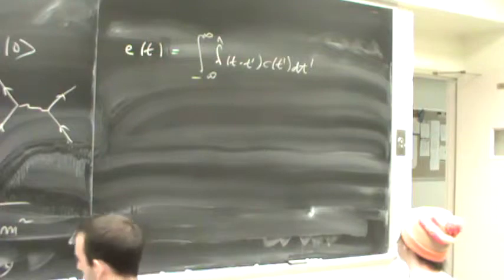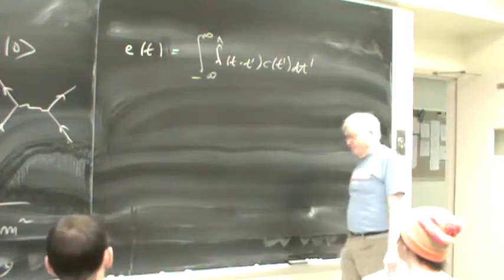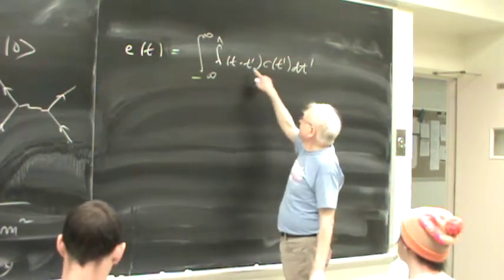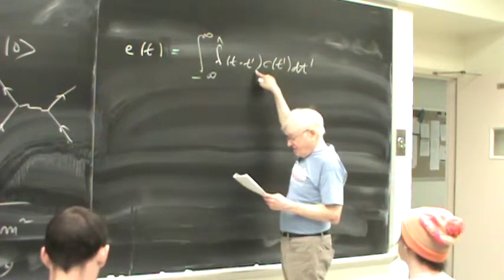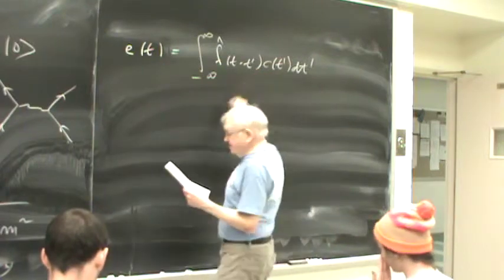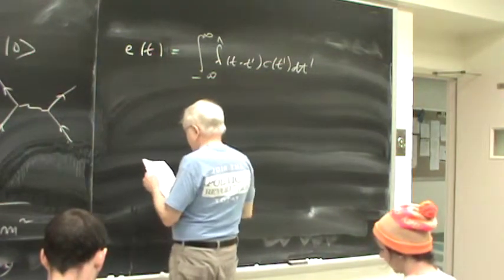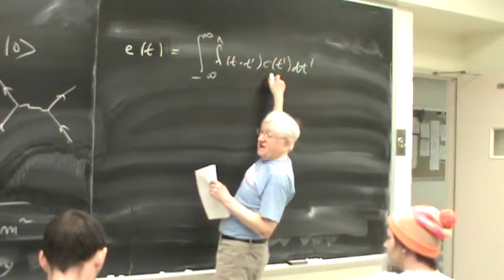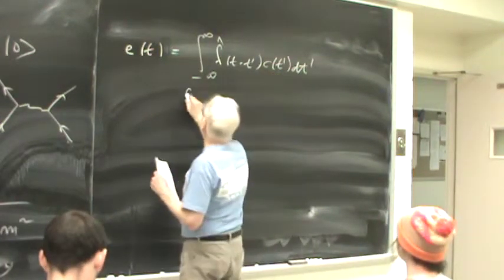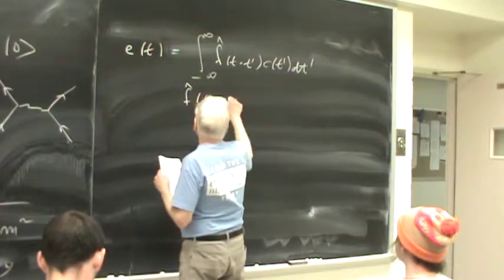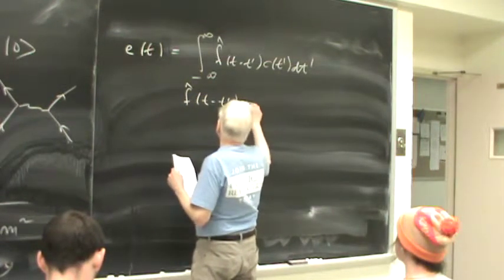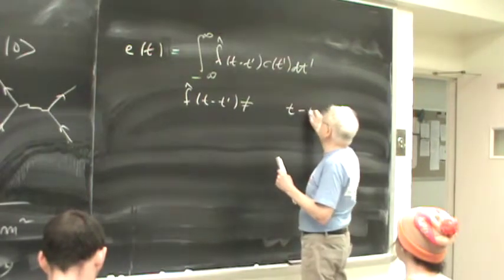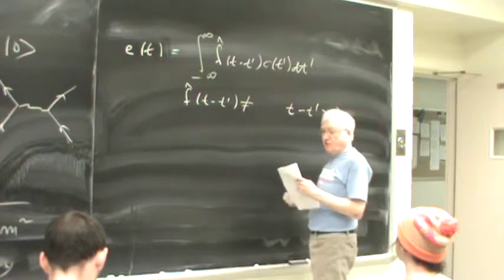On the other hand, we don't believe in magic, and so we say that this transfer function has to be 0 unless the cause is before the effect. So f hat of t minus t prime is not equal to 0 only when t minus t prime is greater than 0.